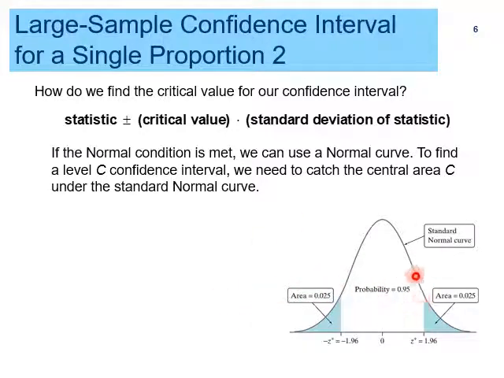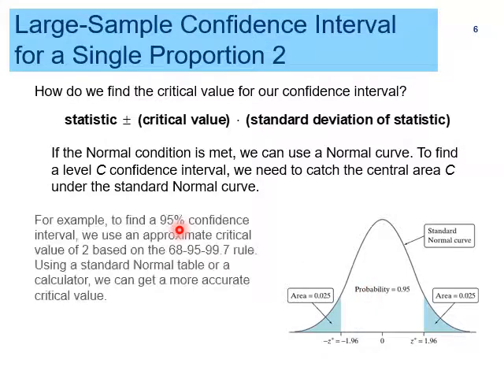So this is the standard normal curve, and the central area contains 0.95 probability. For example, to find a 95% confidence interval, we use the approximate critical value of 2 based on the 68-95-99.7 rule. Using a standard normal table or a calculator, we can get a more accurate critical value, z critical.